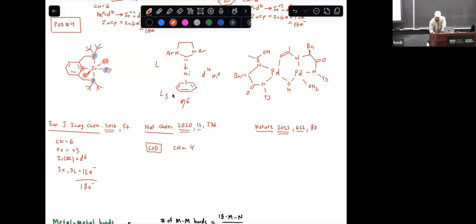Good. We said the oxidation state is 0. And then the electron count you already said was D10, is that right? And then we've got 1 L1 ligand, 1 L3 ligand.